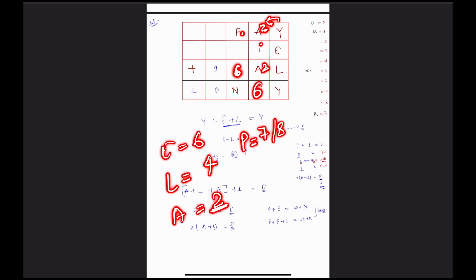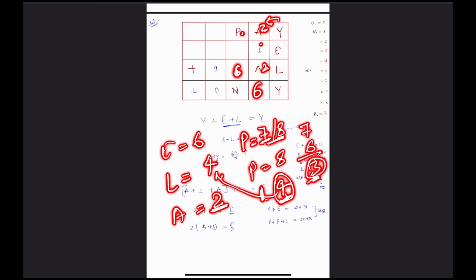And to maximize, if I take P equal to 8, 8 plus 6 is 14, so N will be 4 and 1 will go to carry. Which is not possible again because L is already 4. So if I take P equal to 7, 7 plus 6 is 13, so N could be 3.